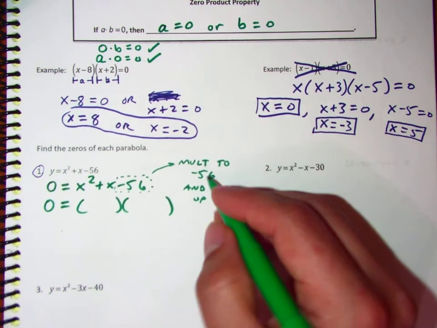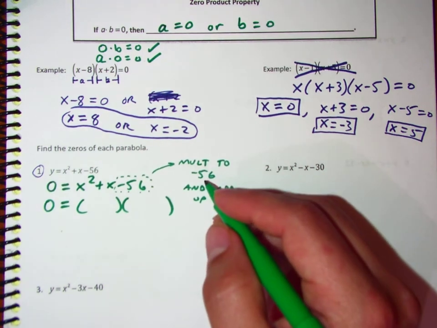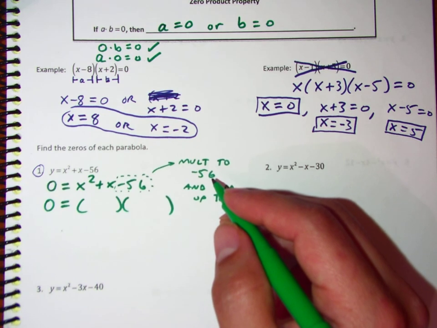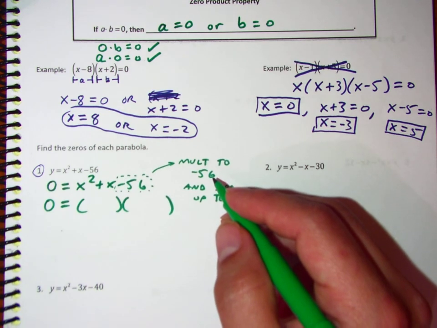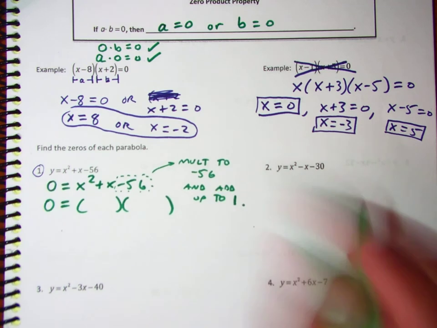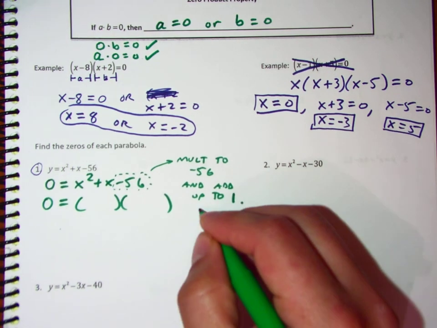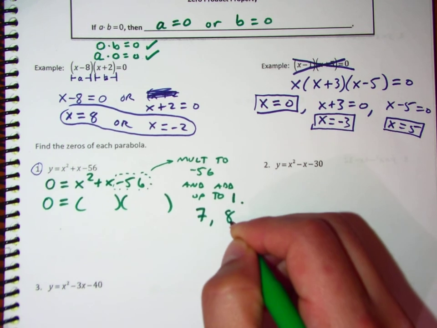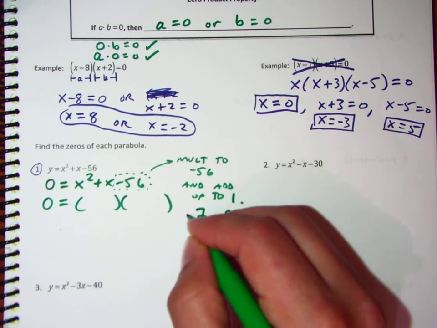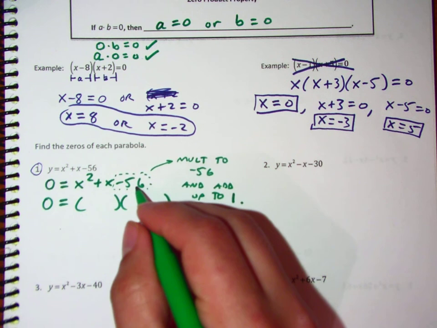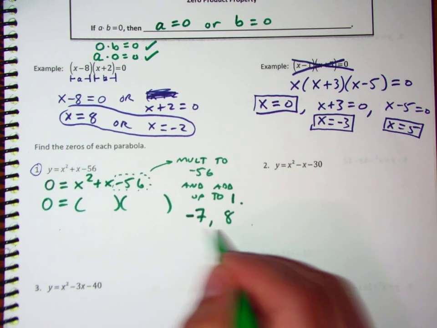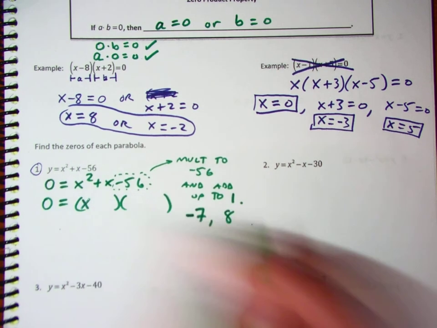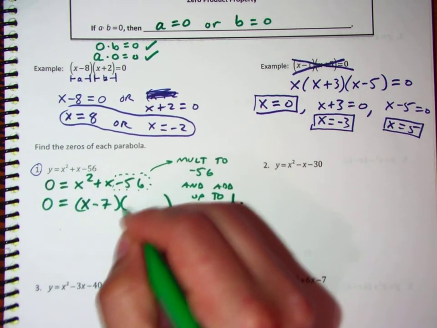So if you start thinking about all the possibilities for -56, you got 1 and 56, 2 and 28, 7 and 8, oh, there it is, 7 and -8, or -8 and 7, let's see, which ones are going to be? I know 7 times 8 is 56. If I make the 7 negative, that gives me -56 when you multiply, and it gives you +1 when you add. And so then I know my factors are going to be x minus 7 and then x plus 8.